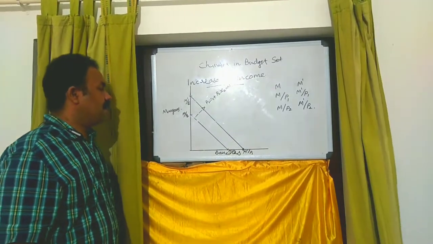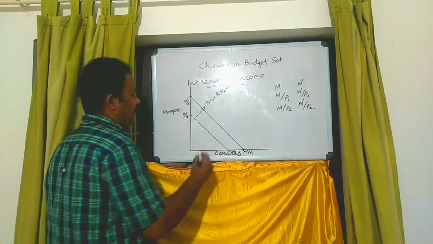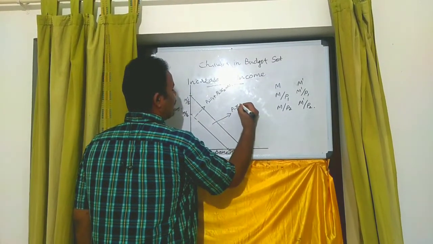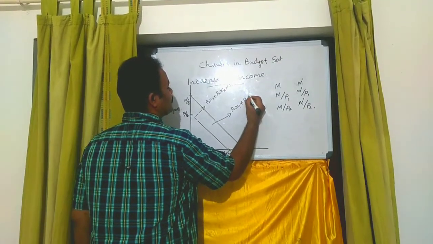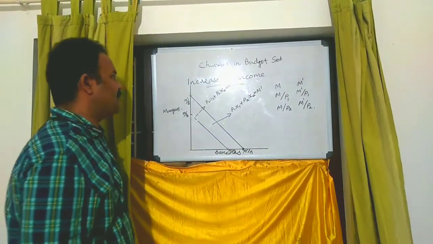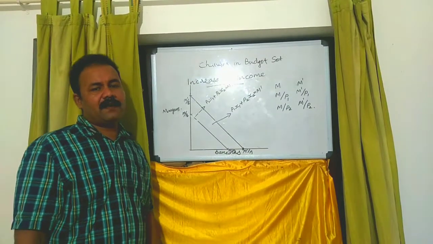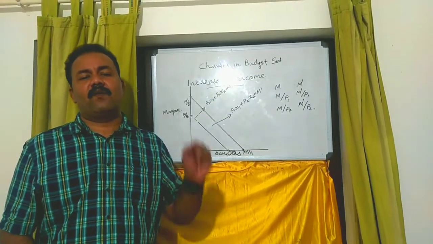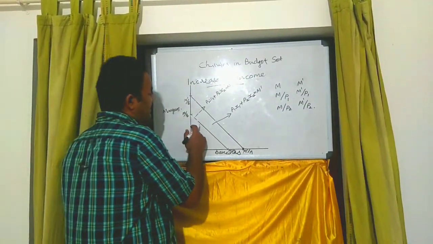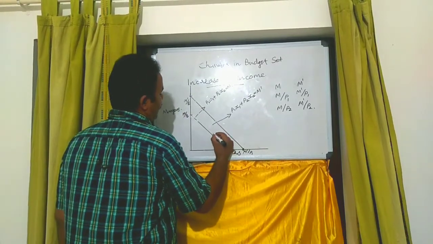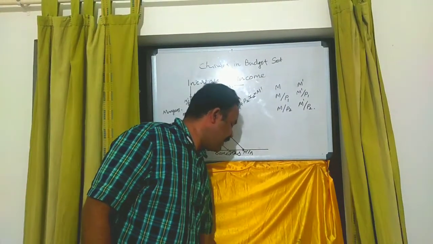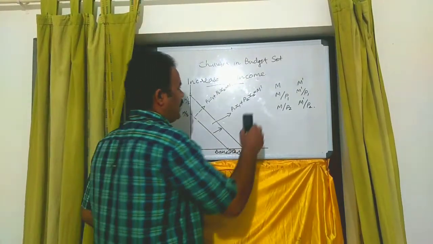This budget line represents the equation P1 x1 plus P2 x2 is equal to M dash. Then we can say that due to increase in income, when the prices of good 1 and good 2 remain the same, this budget line will shift to rightward or upwards. Then we can explain this with the help of an example.